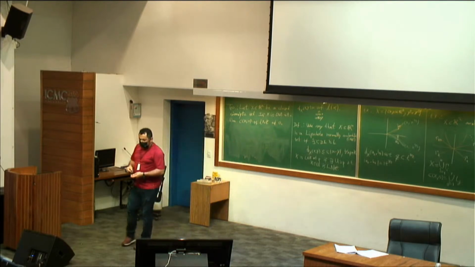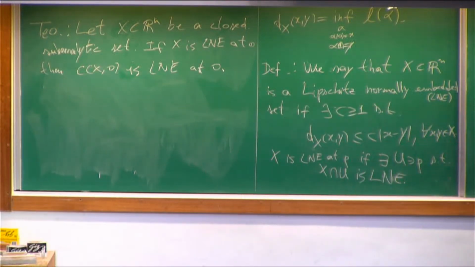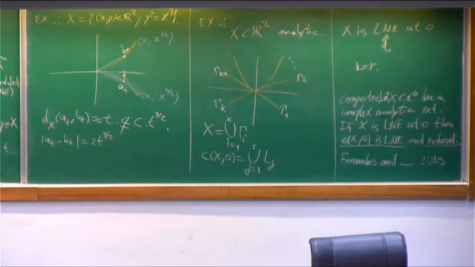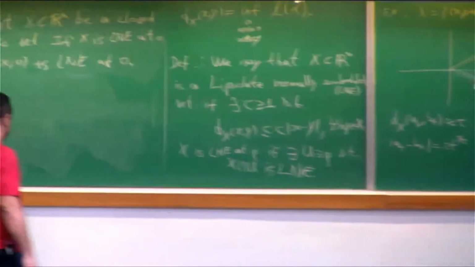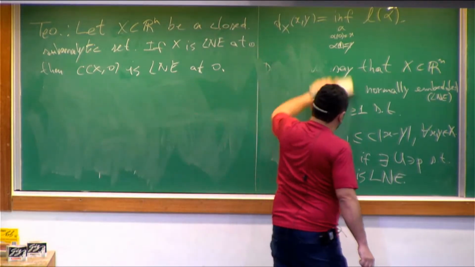In fact, this conjecture was an equivalence: X was LNE if and only if the tangent cone is LNE and reduced. But we can also find a counterexample. You can find a counterexample in the notes, for example. Okay. Let me erase here.